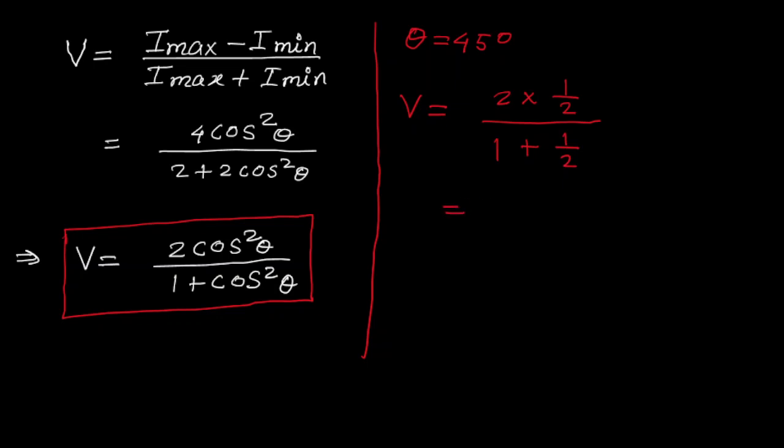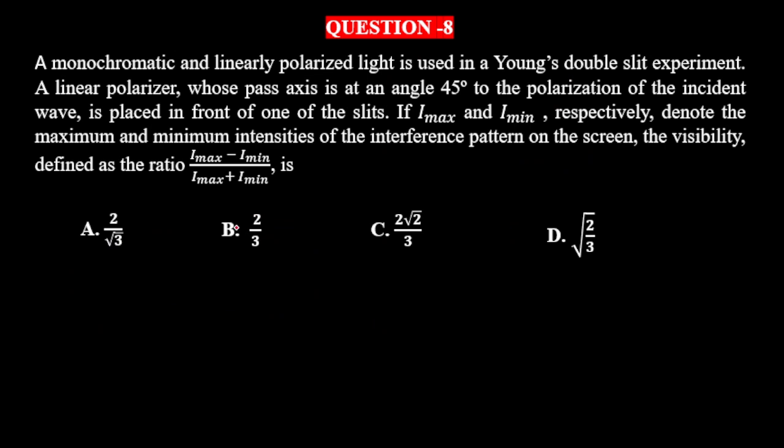So this will give you 2 by 3. Okay, 2 by 3. So what will be the correct option for this problem? For this problem, the correct option will be option B.